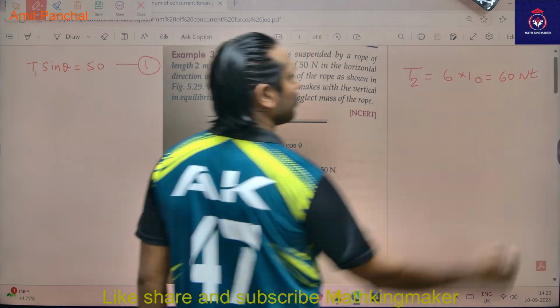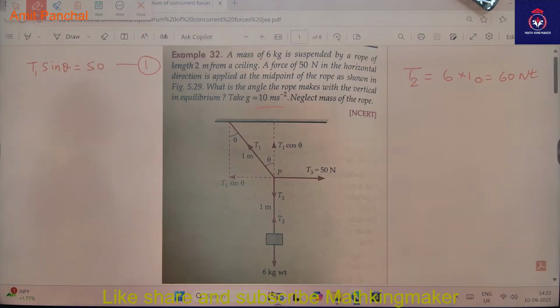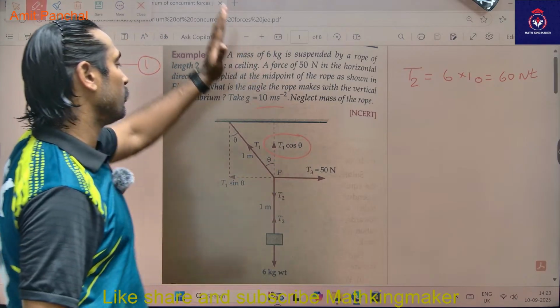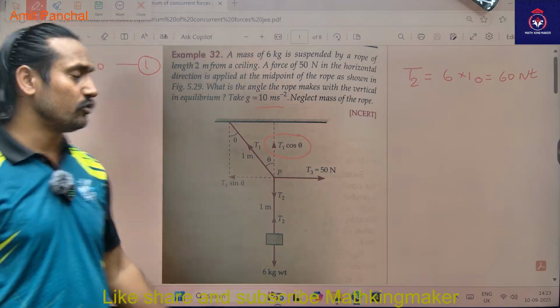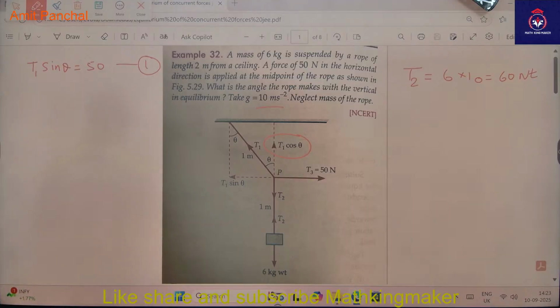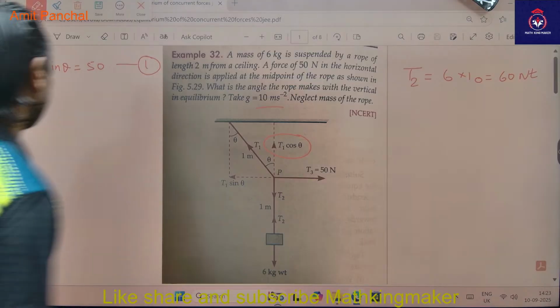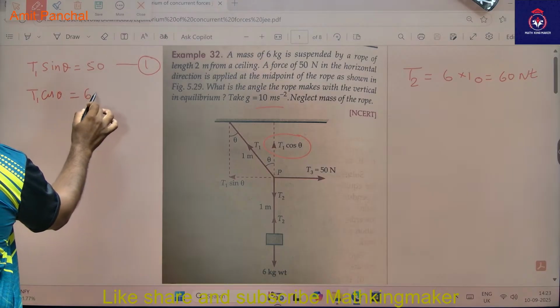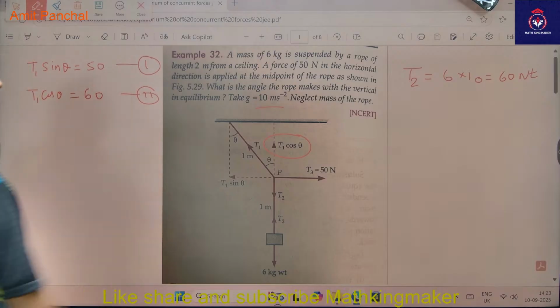T2 will be 60 Newton. And this T2 is being balanced by T1 cos theta, because T1 cos theta is upward and T2 is downward. So that means your T1 cos theta would be 60. That is your equation number 2.